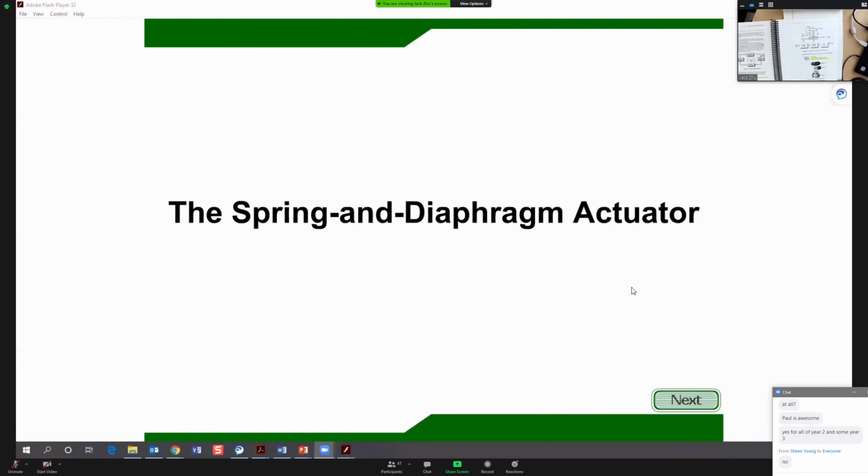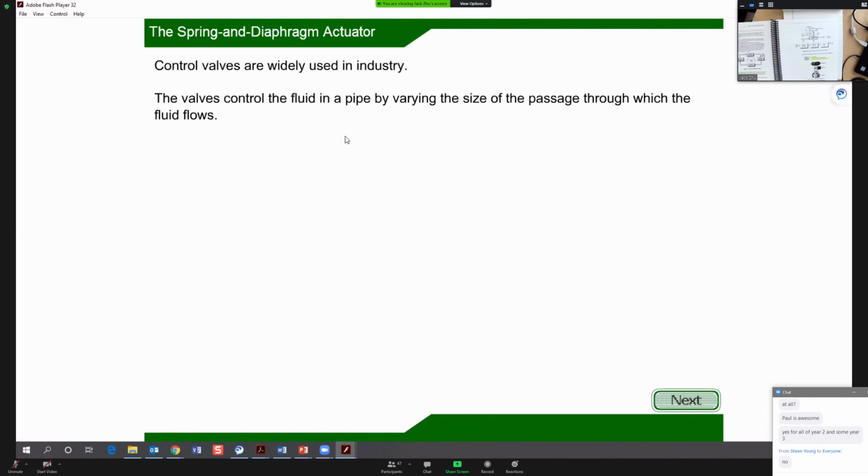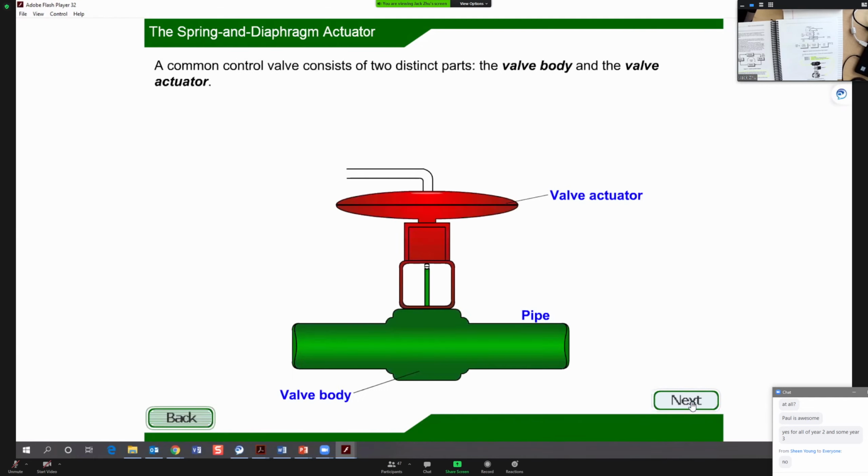It's a spring and diaphragm actuator. The valve controls the flow in a pipe by varying the size of the passage through which the fluid flows. Here's the pipe, here's the valve body, and the actuator.